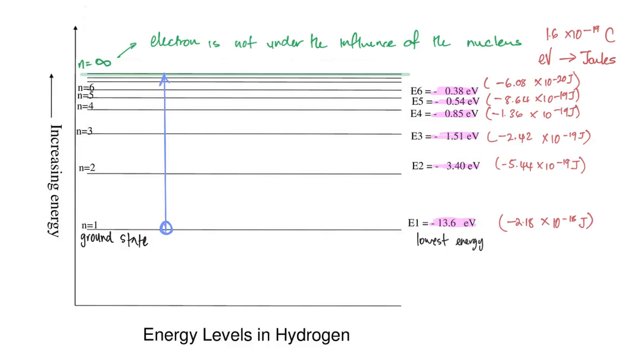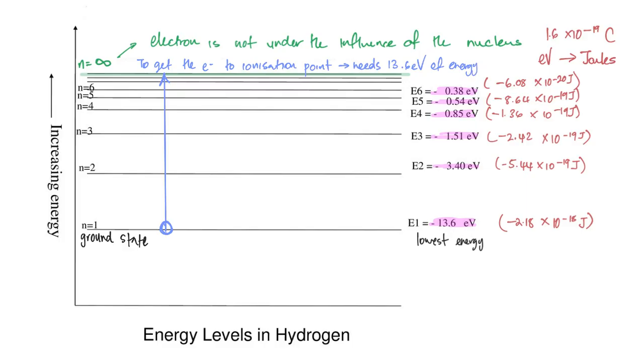So this first step that I'm showing here is to get the electron to the ionization point. You'll see I use colors. You use colors as well, so you know what's going on. To get it to the ionization point, it needs 13.6 electron volts of energy.